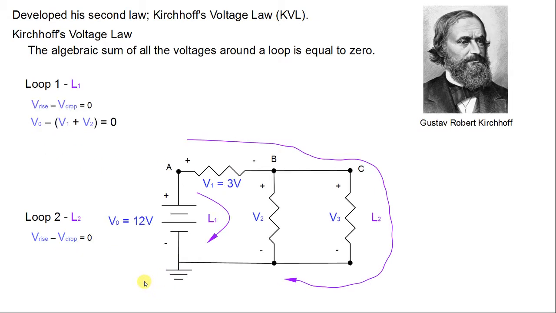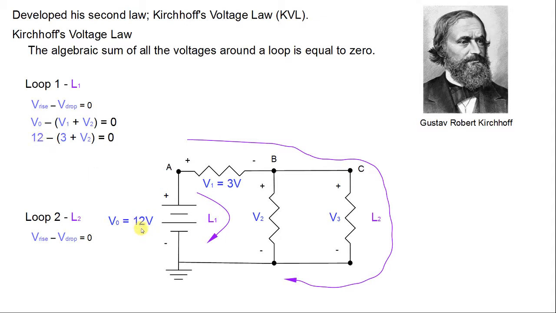Okay, let's apply some numbers to this. So loop 1, we're going to have a 12 volt source for V0, and we're going to have a 3 volt drop here at V1. So we know from the previous slide that V0 minus V1 plus V2 is going to equal 0. Let's actually do the math here. So we have 12 volts at the battery.